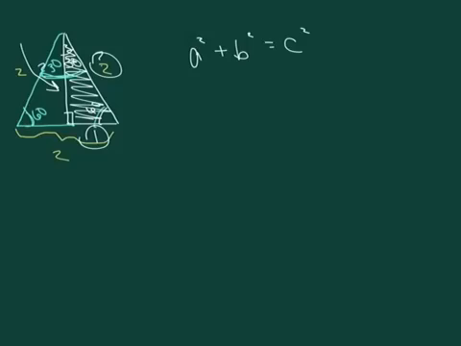Or, let's call A this length, call B this length, so we don't know that length, so we'll just leave it b squared, and we'll call C this length, which is 2. So we have 1 plus b squared equals 4.